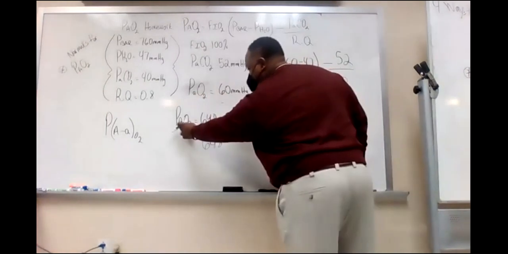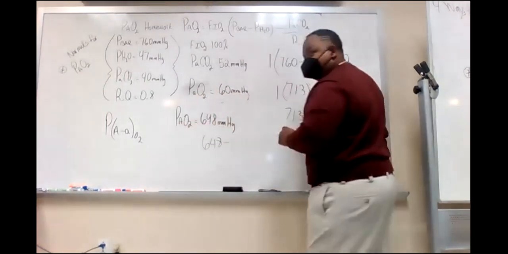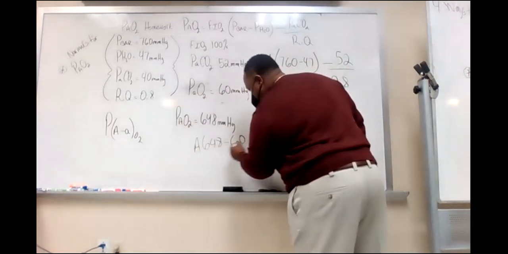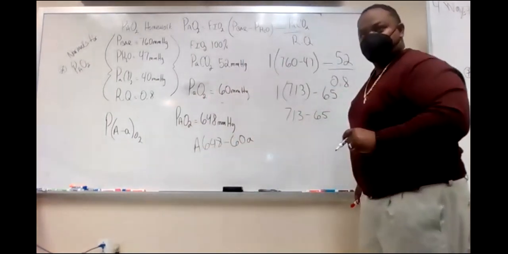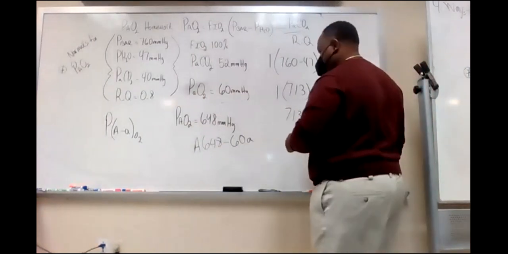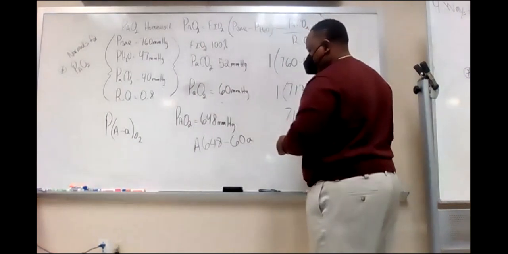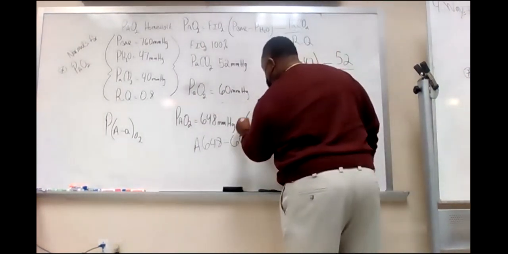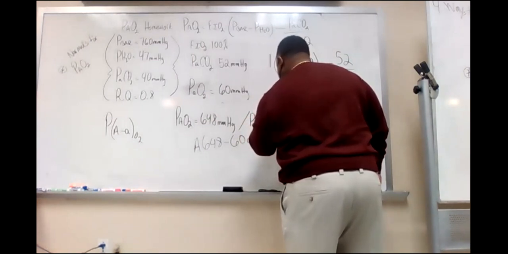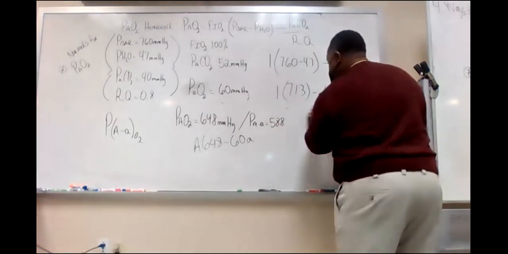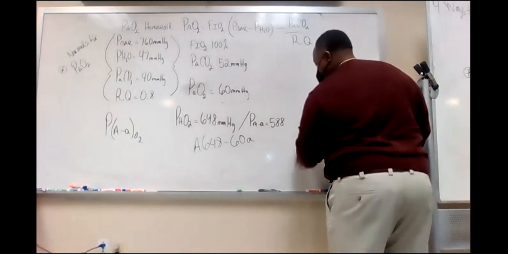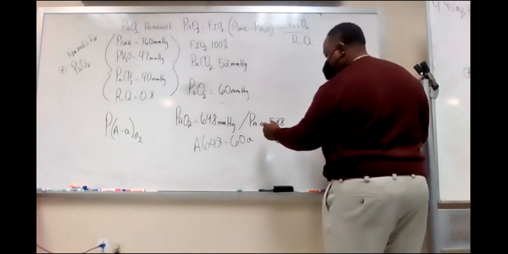So that's 648, which is the big A, minus 60, which is the little a. So 648 minus 60 is what? 588. So the AA gradient is 588. Okay, good. That's what I asked for. I said, what's the AA gradient and what's the shunt?